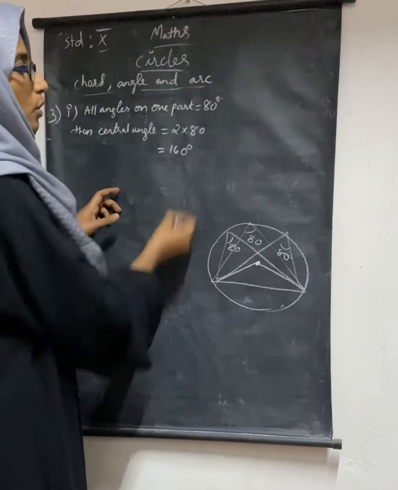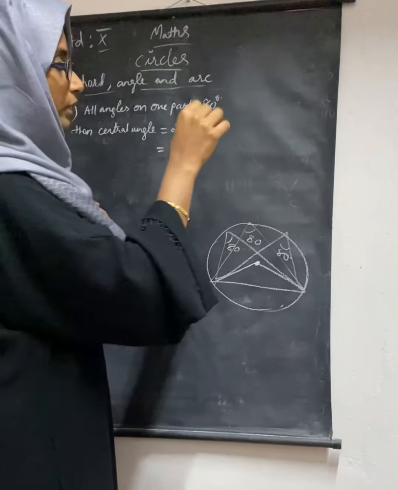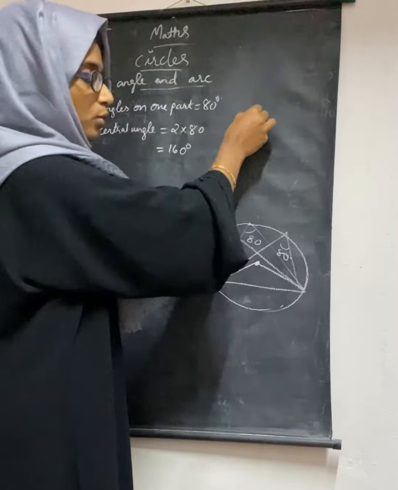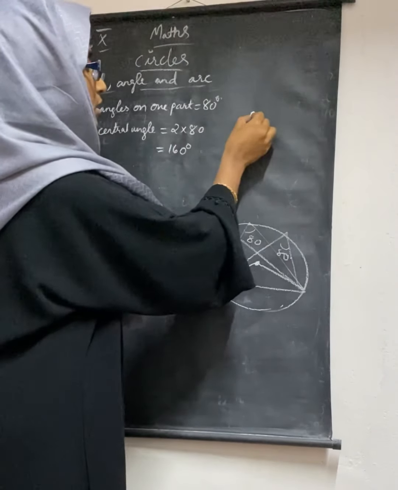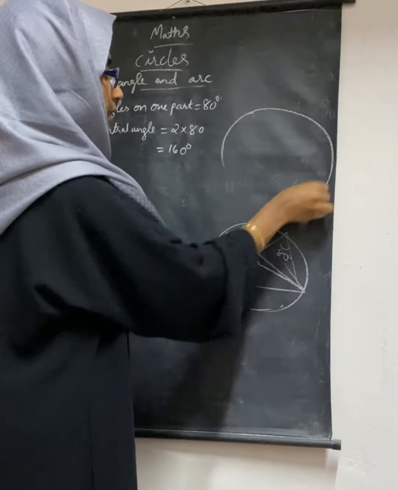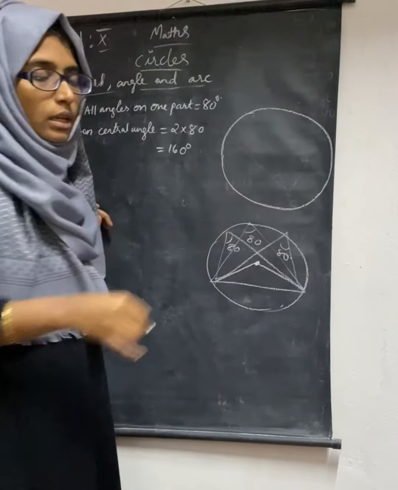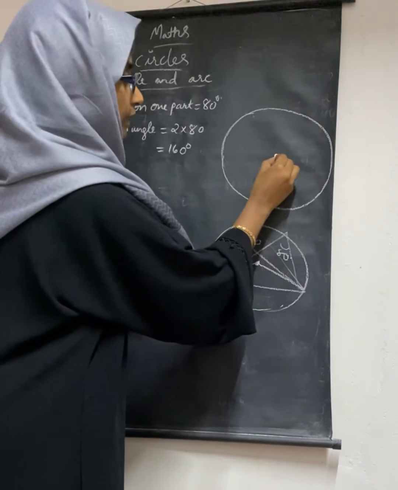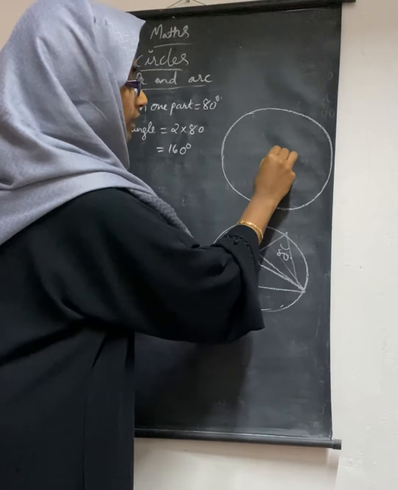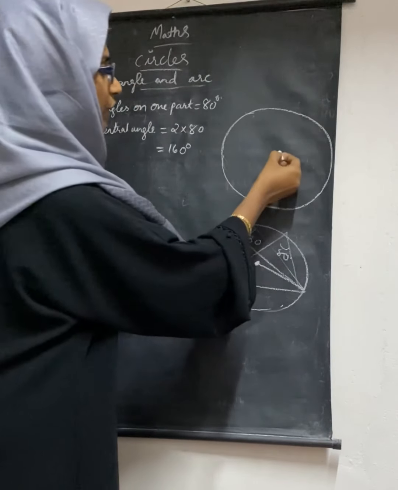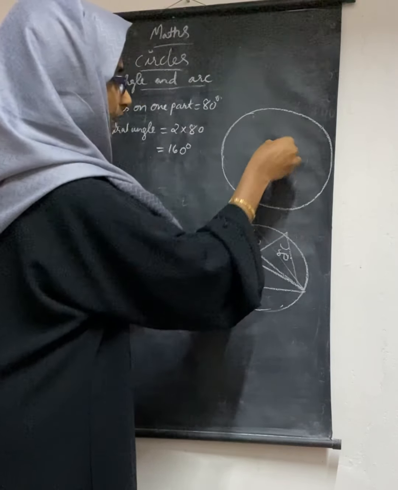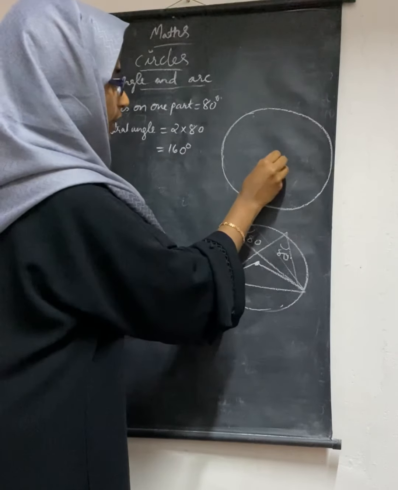So when you draw, you can draw a circle with a compass, you can take 2 centimeter or 3 centimeter, whatever. Take a circle like this with a 2 centimeter length and mark the center. Then just draw a line anywhere.